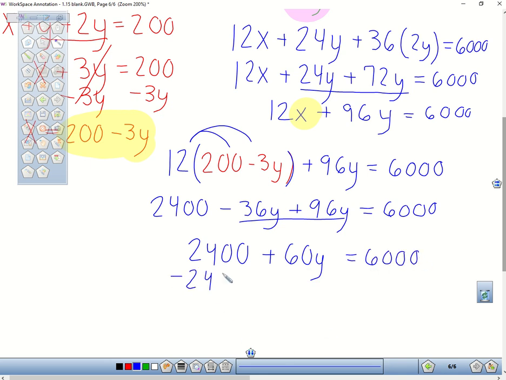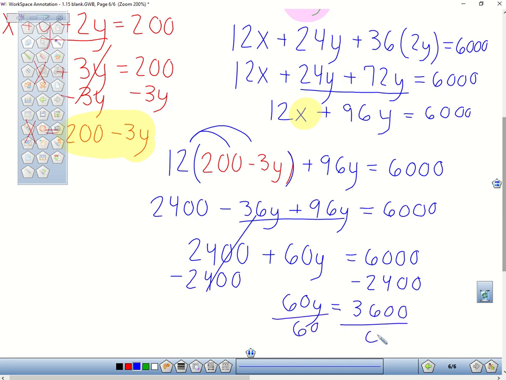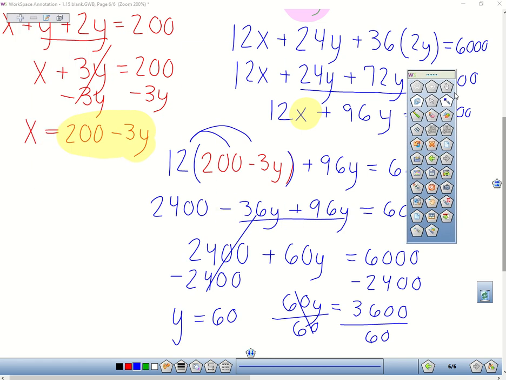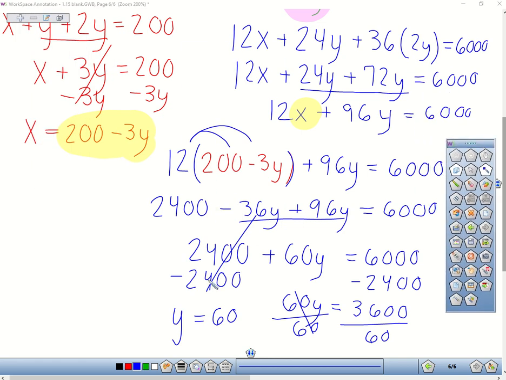I subtract 2,400 on both sides. That leaves me with 60y is equal to 3,600. Divide both sides by 60, which leaves me with y equals 60. So far we know we need 60 polo shirts. So it's a lot, but we got it.